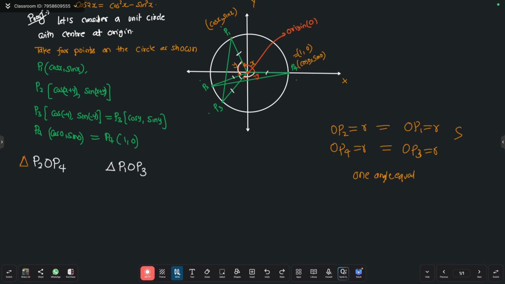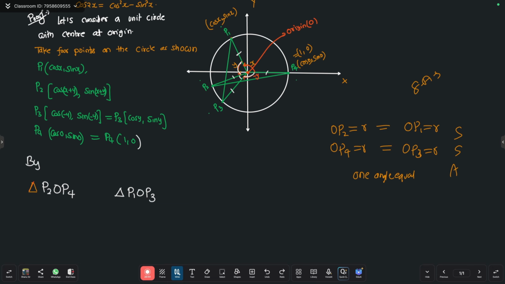So you can apply the side angle side SAS criterion. Then you can say triangle P2 O P4 and triangle P1 O P3 are congruent triangles. If they are congruent triangles, then all the corresponding sides are equal.